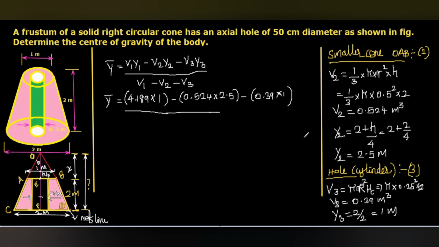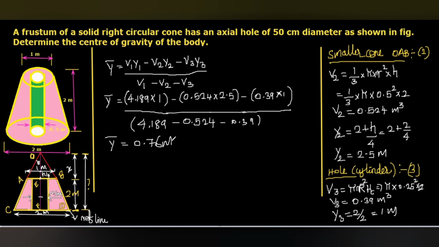The whole divided by V1 minus V2 minus V3. So V1 4.189 minus V2 0.524 minus V3, that is 0.39. Now by simplification, we will get the value of Y bar, that is 0.76 meters.